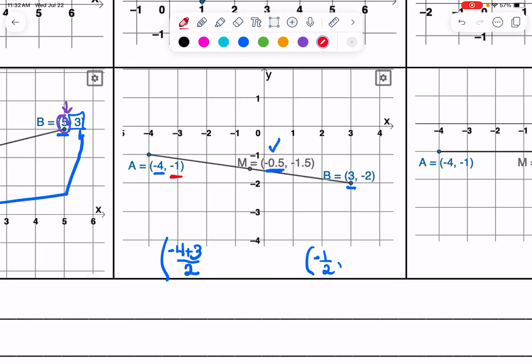If I take a -1 and I add a -2 to it, when they're both negative and I add them up, I'm going to give them a negative sign. So we're going to be at -3 divided by 2. Oh, that is -1.5. So that checks as well.